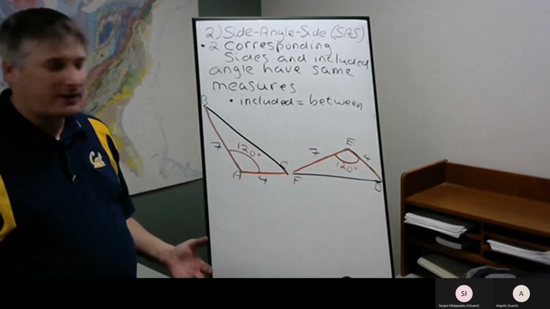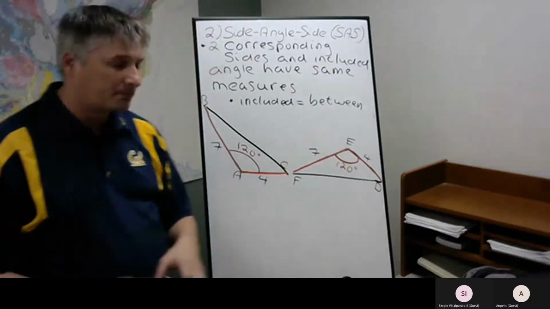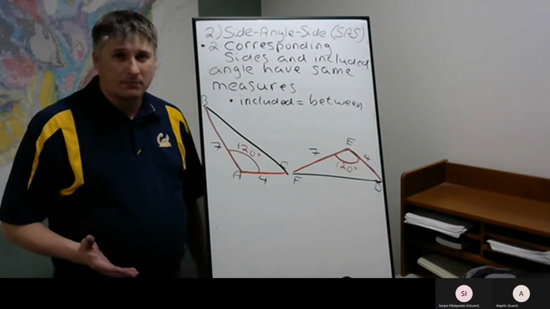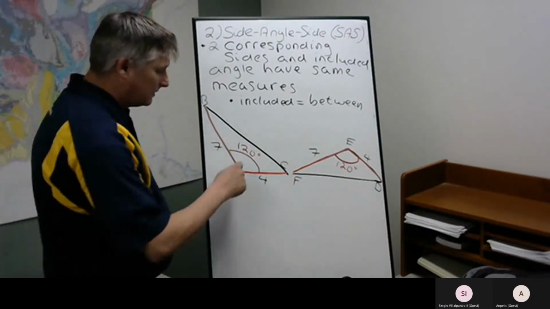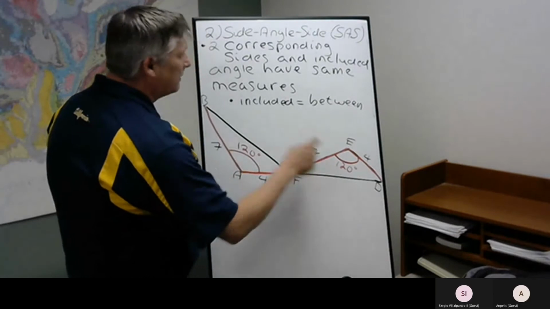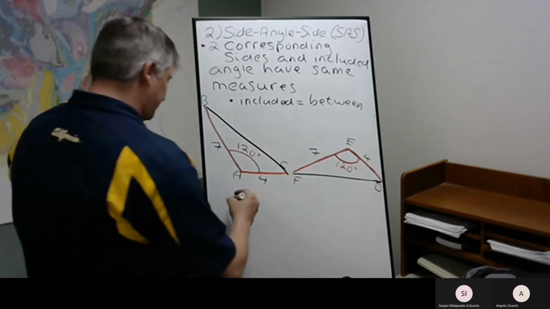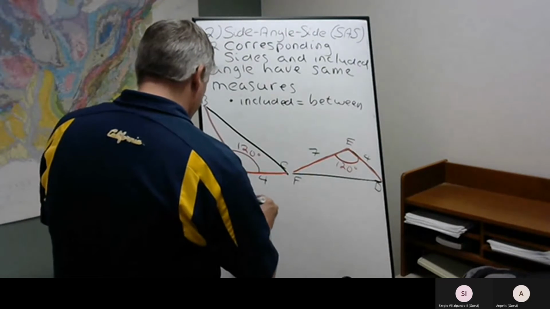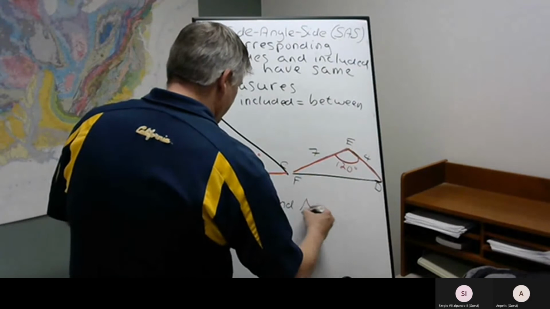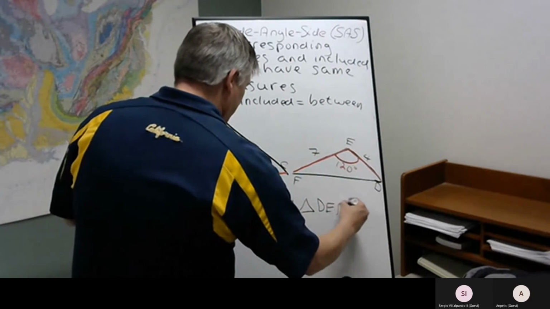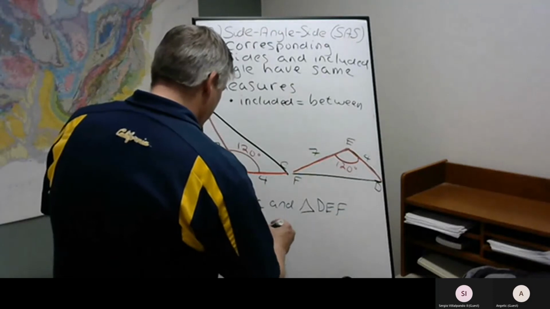We want to look at the angle now between these two sides and these two sides. If the angles are the same, then this will be corresponding. I'm sorry, congruent. So 120, 120, it does work. So that means triangle ABC and triangle DEF are congruent.